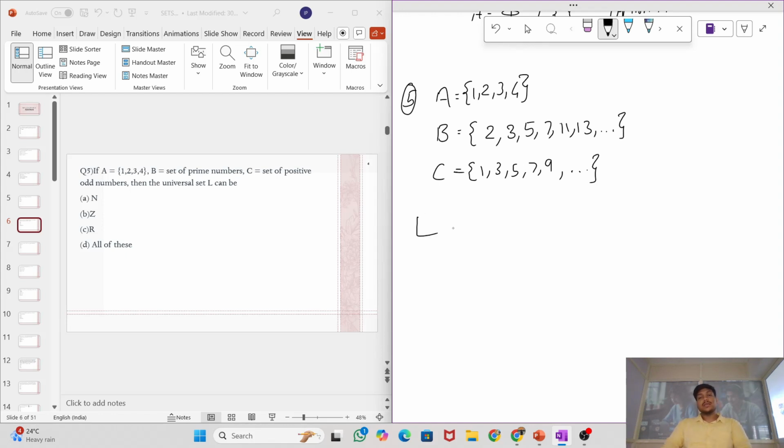What does it mean to be a universal set? When I am saying that L is a universal set, it means that all the subsets possible from sets A, B and C should be present in set L. Or else I can say that if I am talking about a particular type of numbers, elements of sets A, B and C have to be present in universal set L. So I can take the union of A, B and C and I would get 1, 2, 3, 4, 5, 7, 9, 11, 13 and so on.